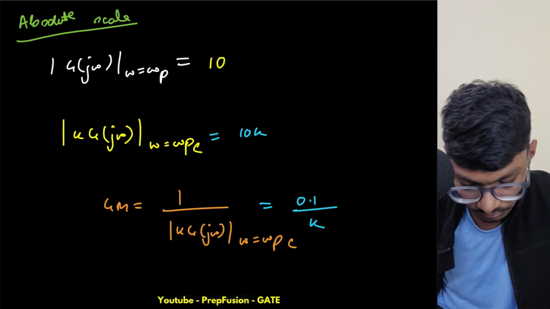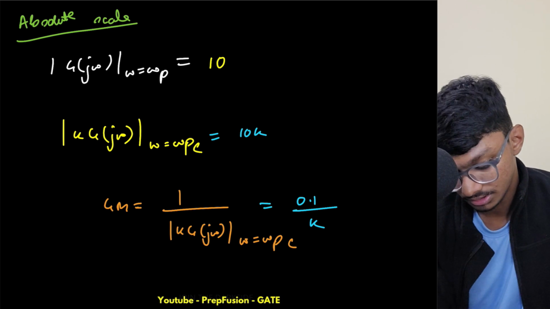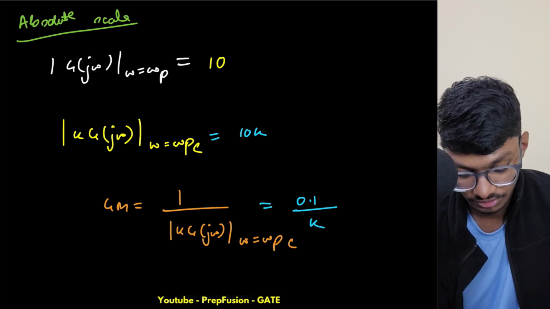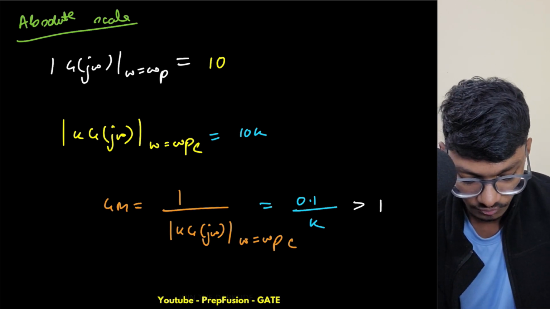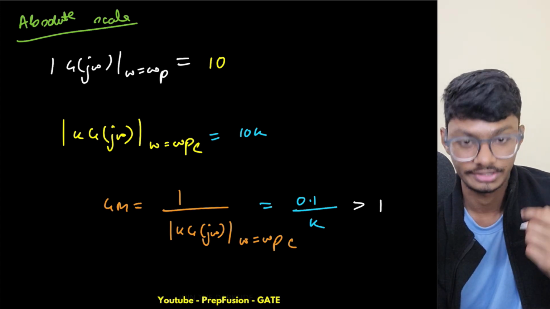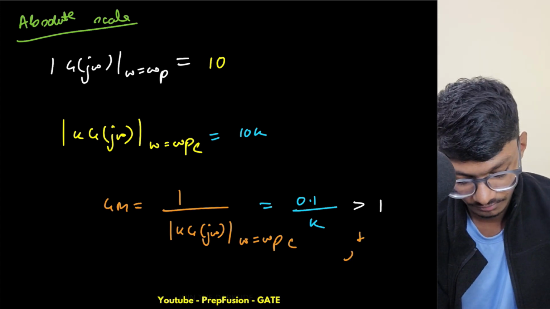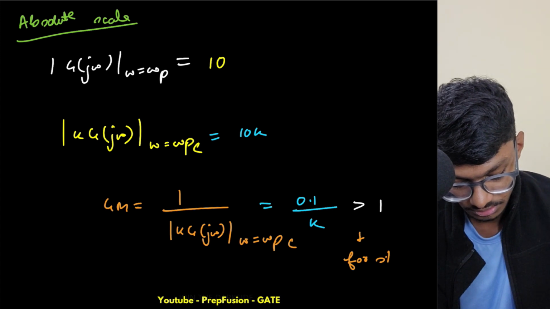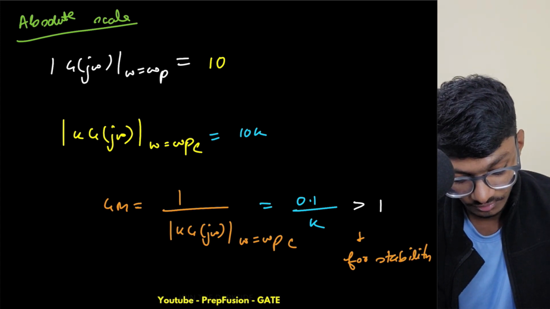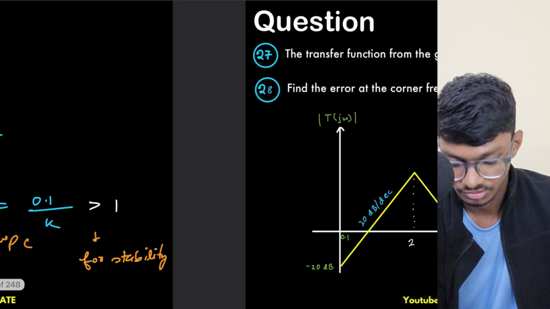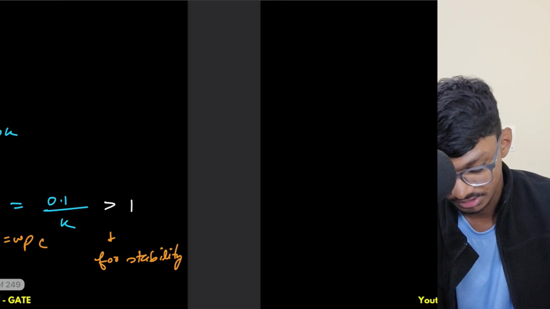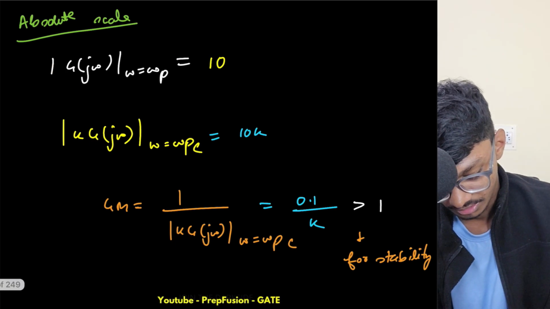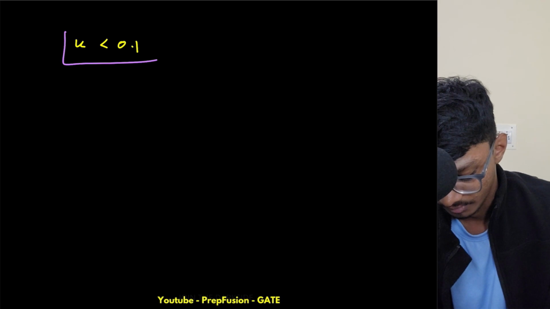Now, just 10k, so this has to be greater than 1. This is an absolute scale, so this has to be greater than 1 for stability. Here we don't have any negative trouble, which is one good thing. You can cross-verify if you want. So my k will be simply less than 0.1, directly you can get from the absolute value.